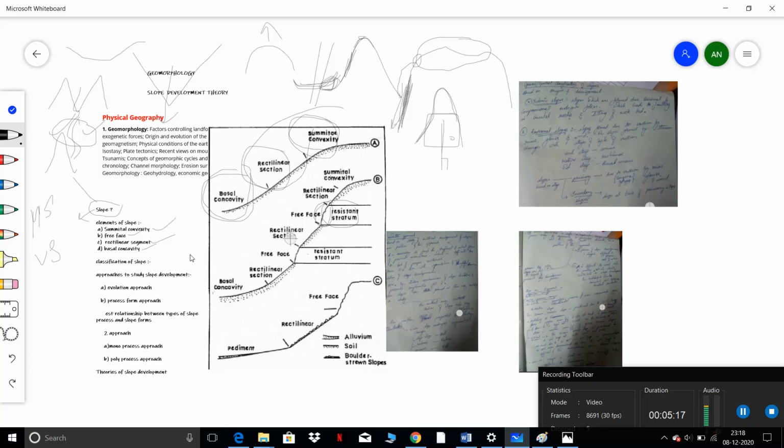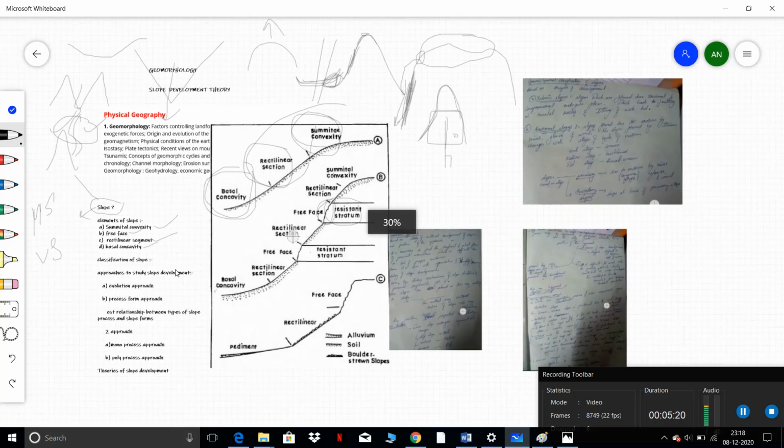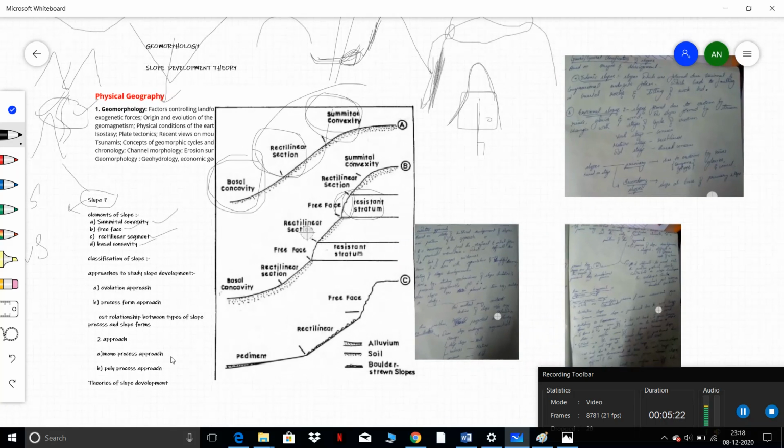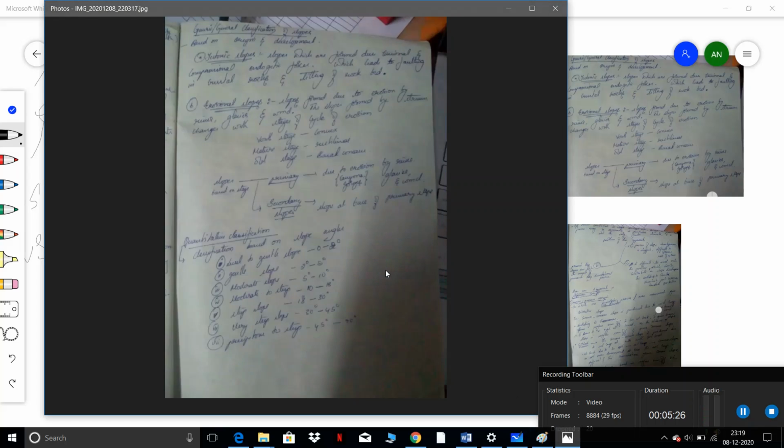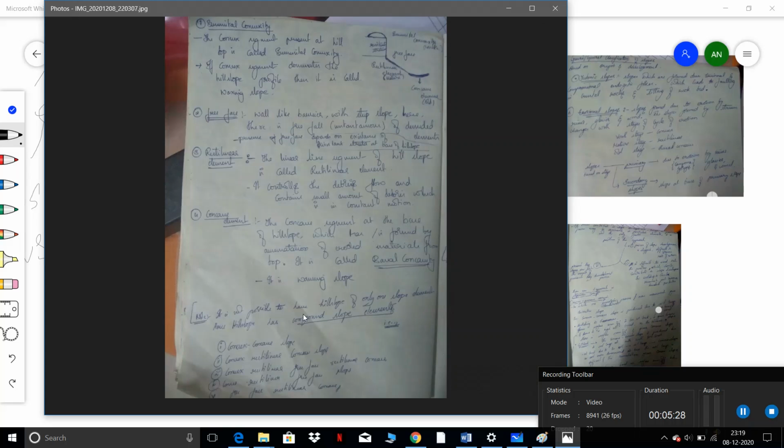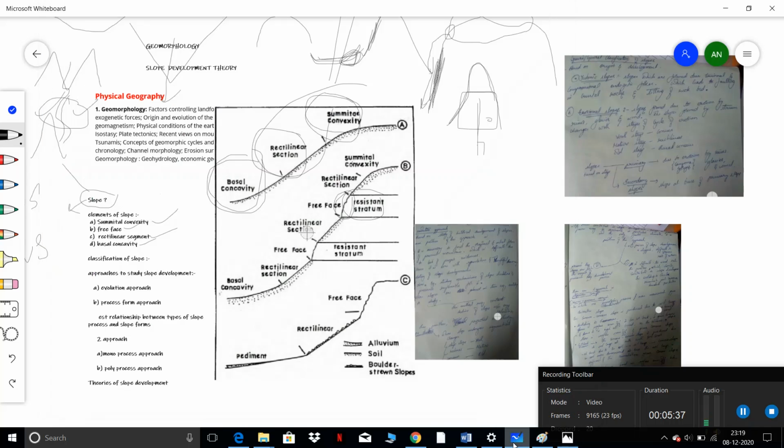Based on that, we can classify the slopes. The various slope combinations we can have are, as pointed out here: convex concave slope, convex rectilinear concave slope, which I'll show here.